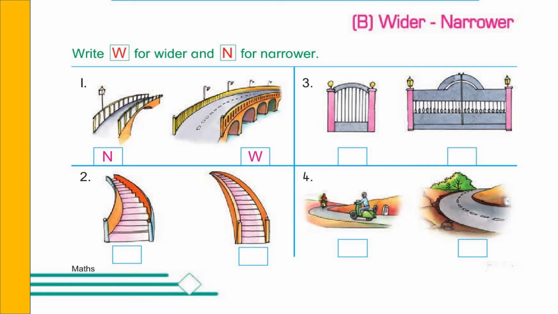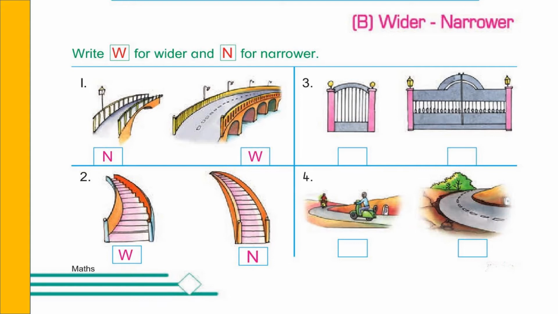Wide is nothing but little bigger in size. Okay. Now let's go to number 2. I see the staircase on the left is wider and on the right is narrower. So I give a W for left and N for the right.